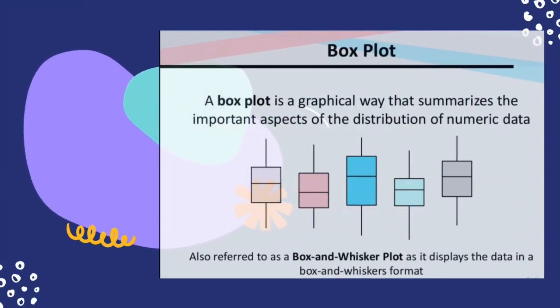A box plot is a graphical way that summarizes the important aspects of the distribution of numeric data, also referred to as a box and whisker plot, as it displays the data in a box and whisker format.